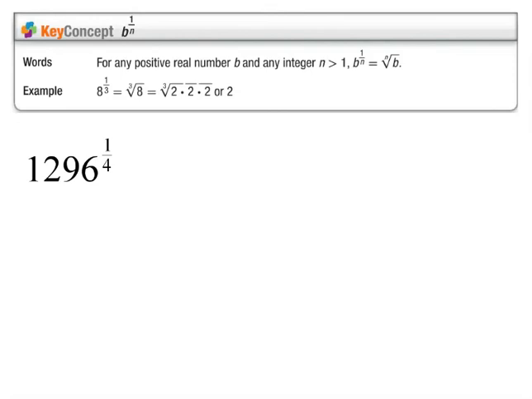So basically what this is saying is that these two things are the same. And we've already done a problem like that. So when it's written like this, 1/4, that is the fourth root of 1,296.